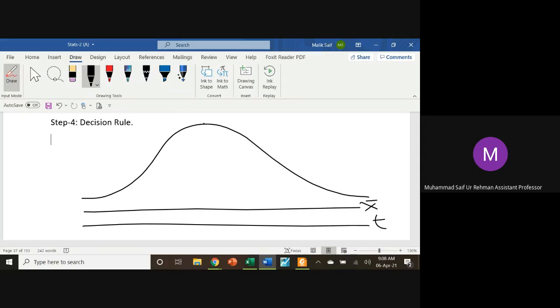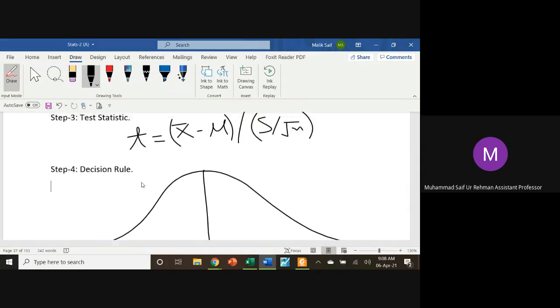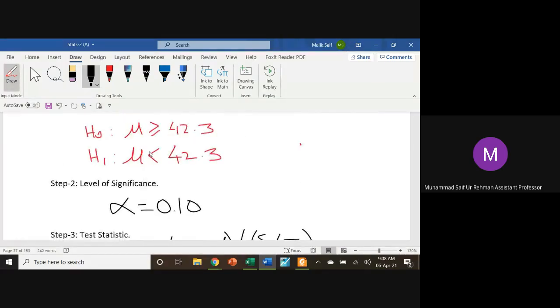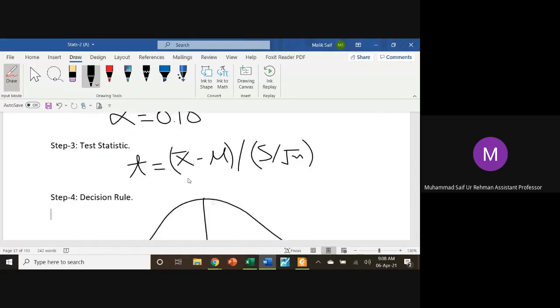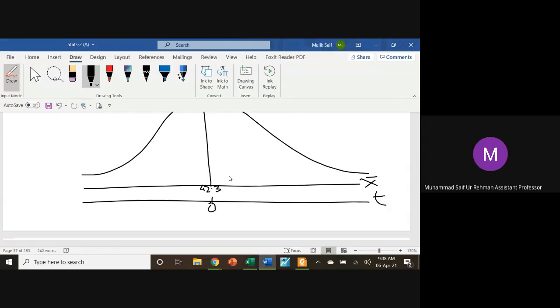In the center there is the mean, and that value is 42.3. Against this value, the t value is 0. Now you have to see to which side you will put the tail of the distribution. As this is a single tail and the tail is to the left side, you will draw a line to the left side of the distribution like this. Fine.